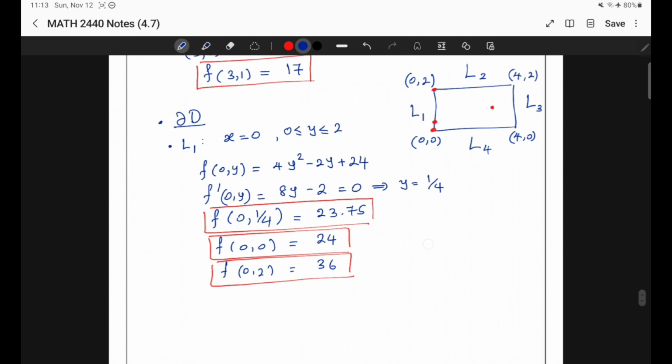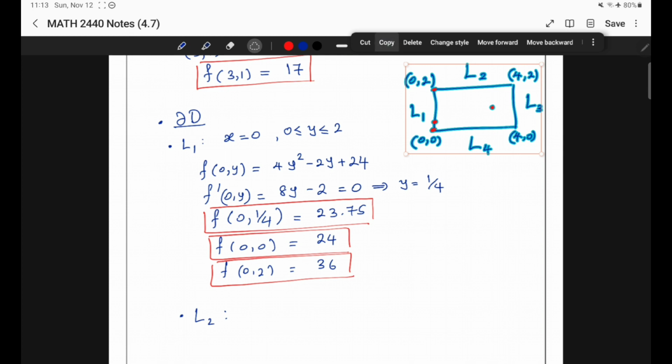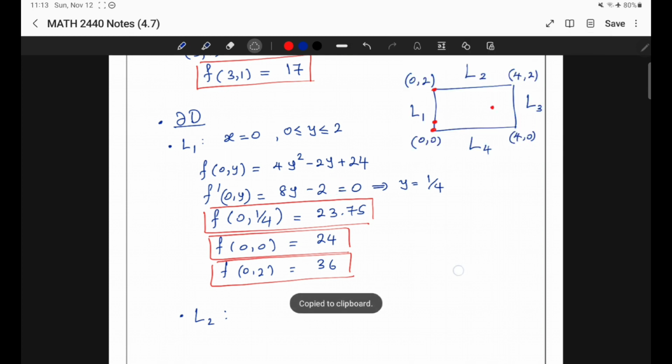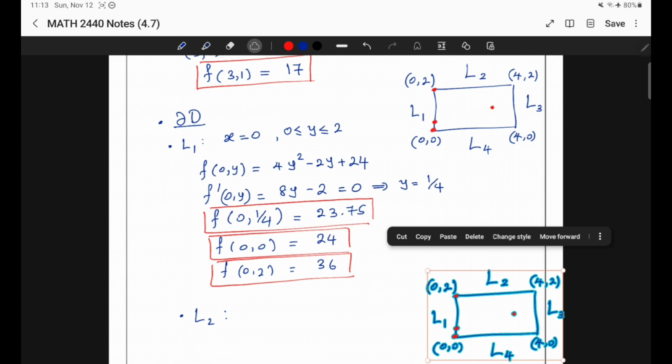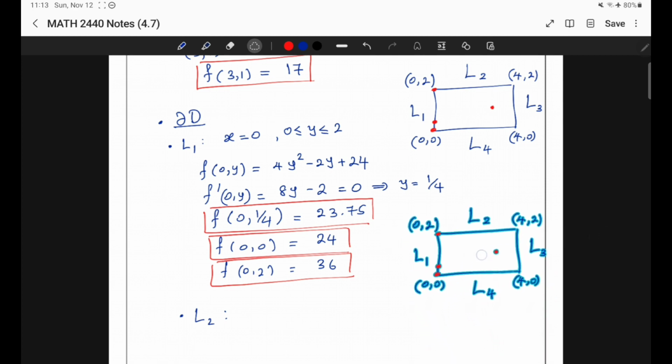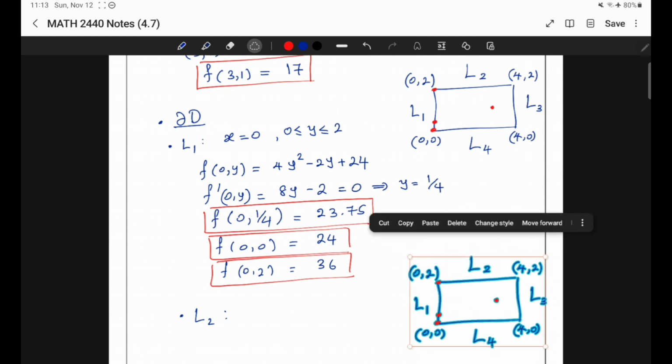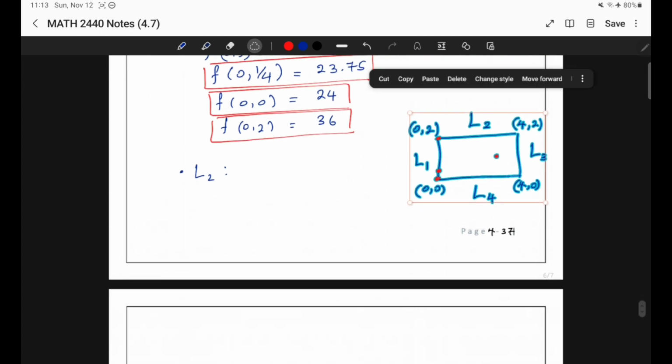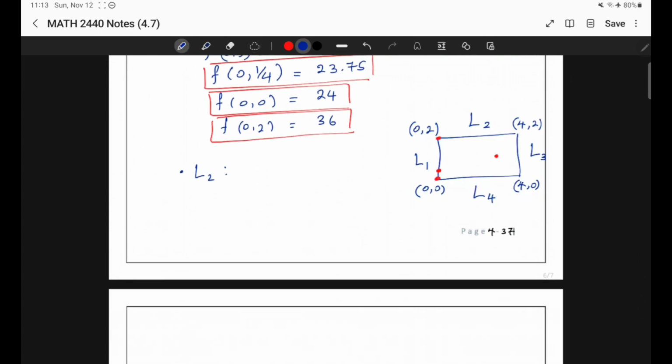Now let's move to line segment L2. So let me copy this picture down here. I want to parameterize L2.